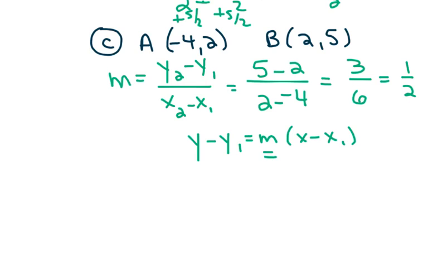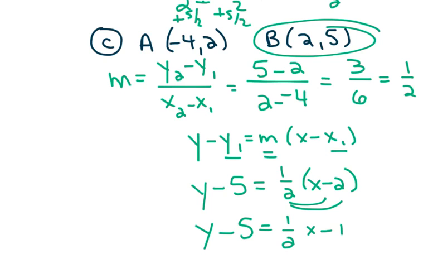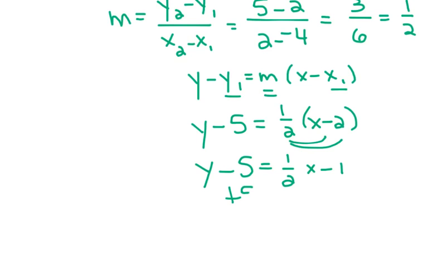If you know the slope and you know a point on the line, I'm going to use this point. So I'm going to use y minus 5 is equal to 1/2 times x minus 2. And then you can distribute and then add the 5, and now you're in slope-intercept form.